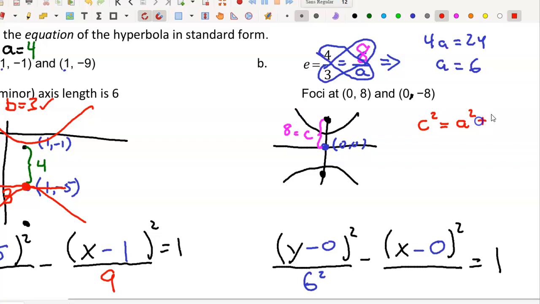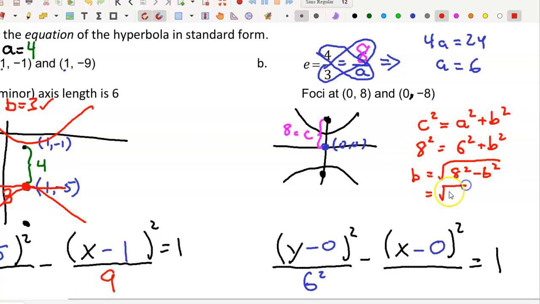Going back to our old trusty friend. So 8 squared equals 6 squared plus B squared, which means B is going to be the square root of 8 squared minus 6 squared. 64 minus 36 is 28.